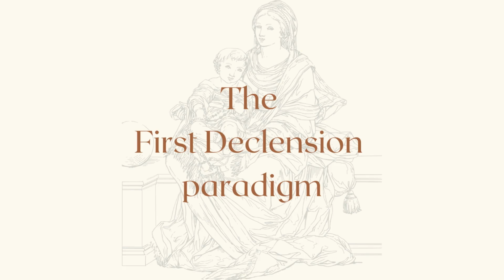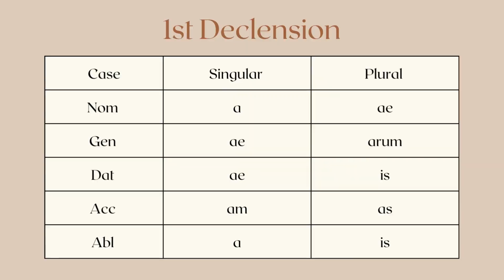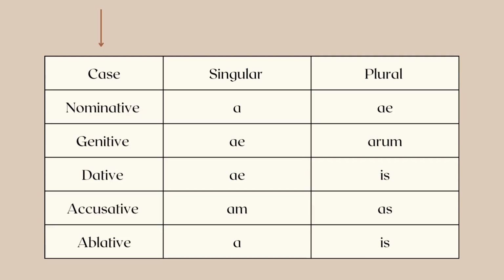So here's your new paradigm. It's a noun paradigm. First declension pattern. Like the verb paradigms, noun paradigms have 3 columns. The first is for the cases: nominative, genitive, dative, accusative, and ablative.